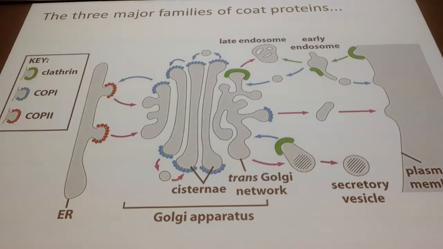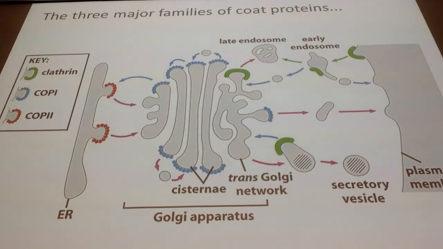So roughly, again, don't try to memorize which one does what. But as you can see here, COP2 will only transport vesicles from the ER to the Golgi. It doesn't work anywhere else. And then COP1 is used to transport vesicles throughout the Golgi, either in that direction or that direction.